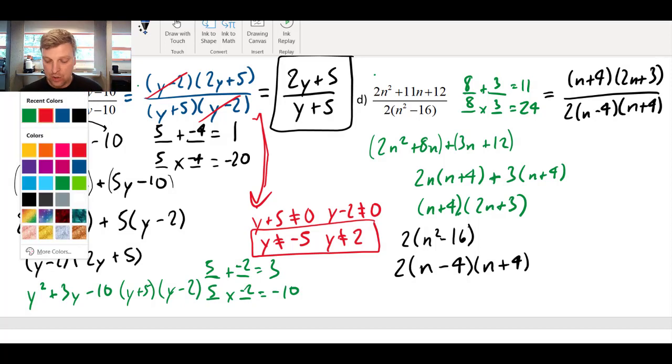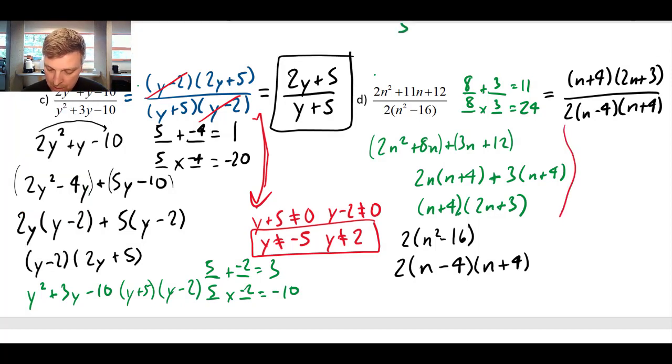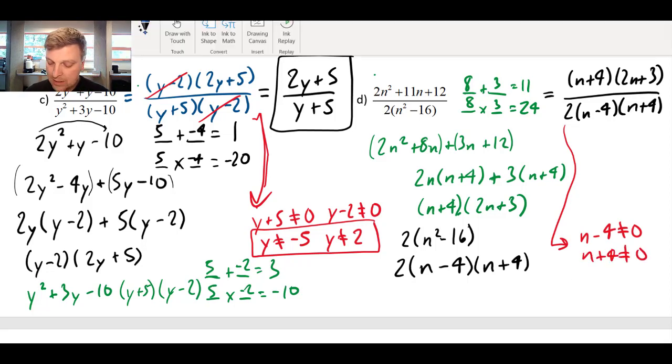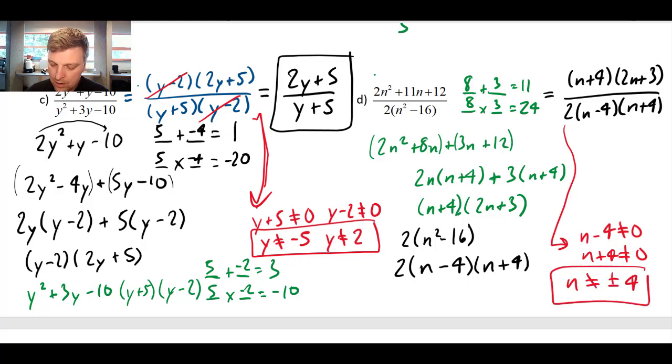Now a reminder that it's before I simplify that I have to state my non-permissible values. So I'm just going to look at this down there and say, okay, n minus 4 cannot equal 0, and n plus 4 cannot equal 0, which means n cannot equal plus or minus 4. So there's my non-permissibles.